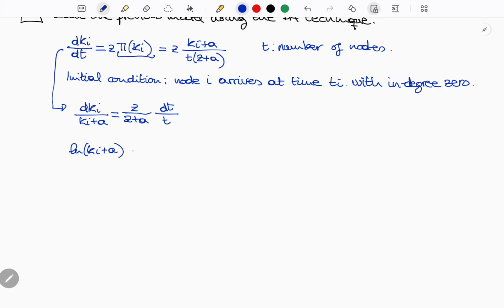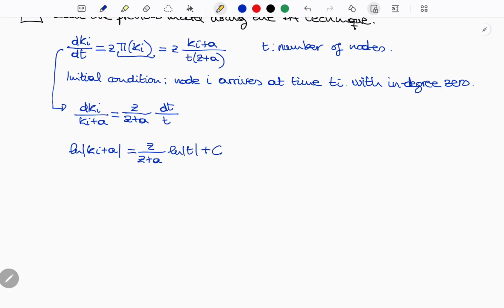This part over here is just a constant, and here we have, I forgot to write the absolute value, z over z plus a times the logarithm of the absolute value of t. And I forgot the constant, sorry.